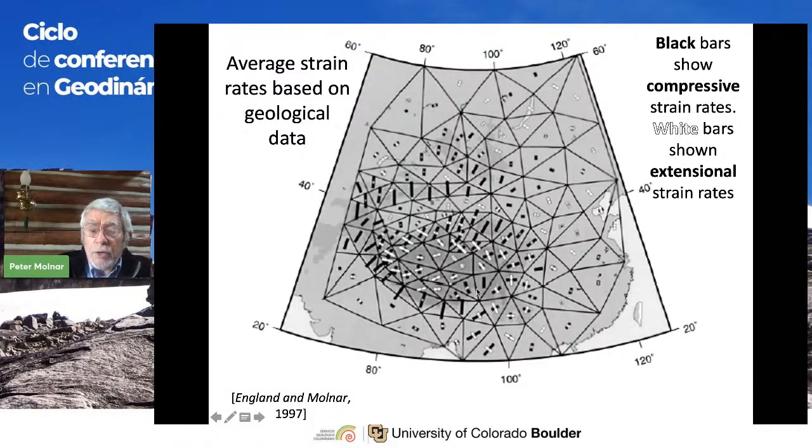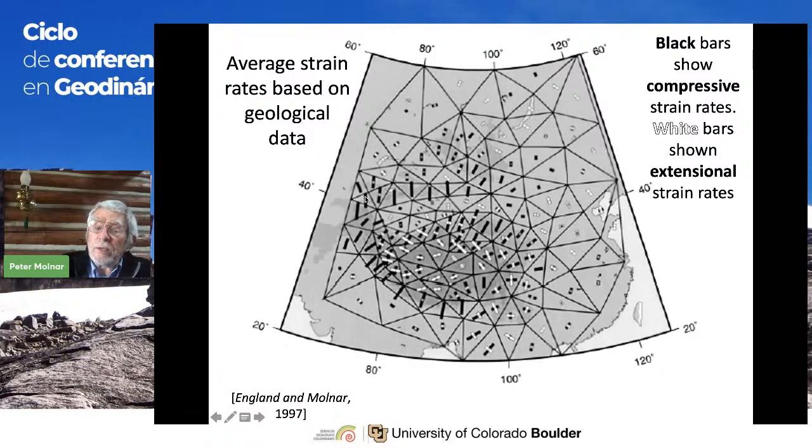The black bars are showing orientations of compressive strain rates. The white bars are showing extensional strain rates. So within the Tibetan Plateau in here, you have largely east-west extension, compression in the Himalaya, compression around the edges, compression in the Tian Shan.